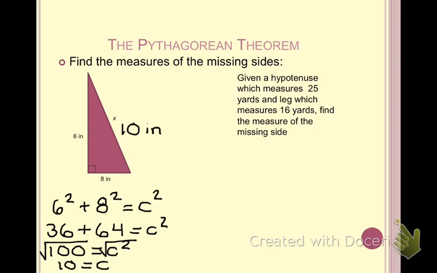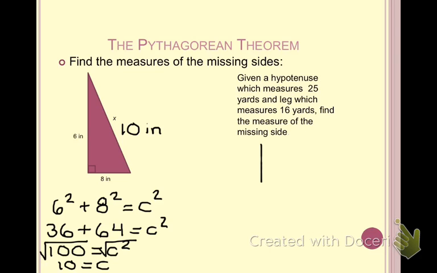Okay. Now, if we look at the second problem on this slide, it says that we are given a hypotenuse which measures 25 yards and a leg which measures 16 yards, and we need to find the measure of the missing side. Now, this is the first problem we've come across where we have not been given a drawing of a triangle. So I would encourage you to try to draw your own picture in this case.